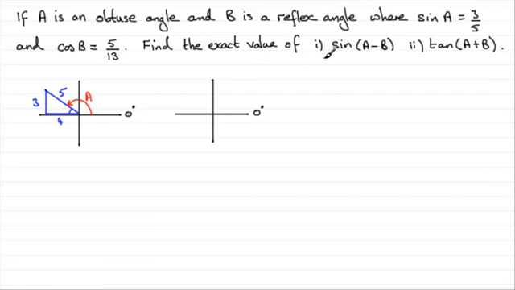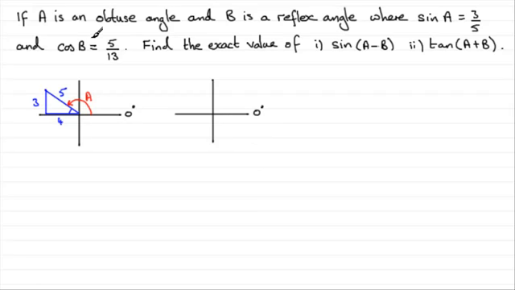Right, let's do the same for angle B. Angle B now is a reflex angle, and you have to think about this. A reflex angle is between 180 degrees and 360 degrees. So the question is, which quadrant is B going to be in? Is it going to be in the third quadrant or the fourth quadrant?